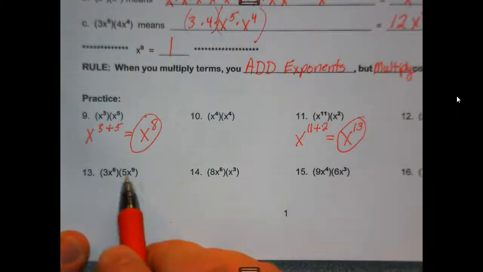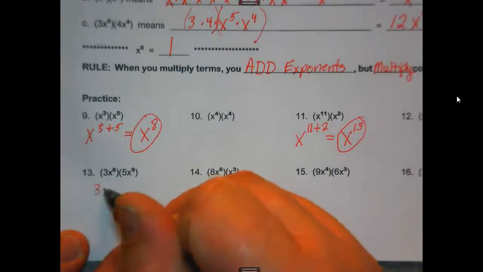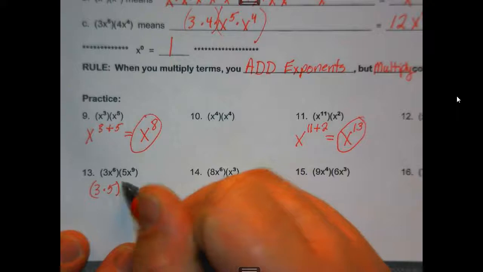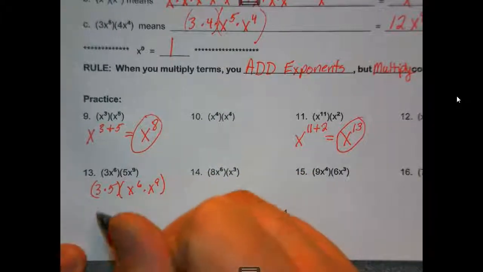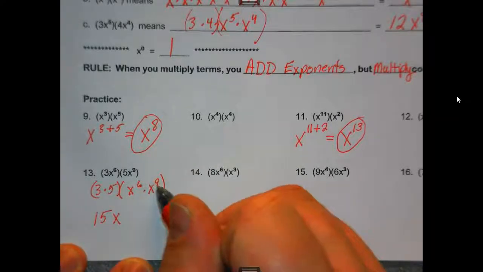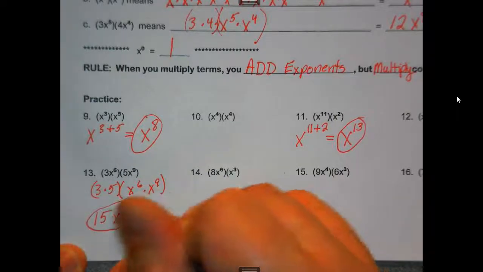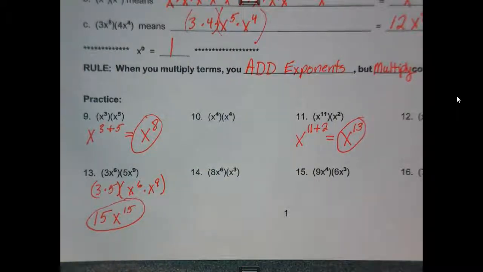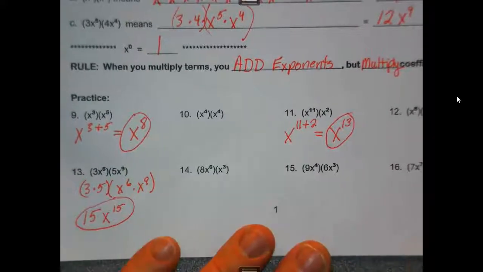I have some coefficients. I have a 3 and a 5, so I'm going to multiply the 3 times 5 for the coefficients. And I get 15 x to the 6 plus 9, 15.